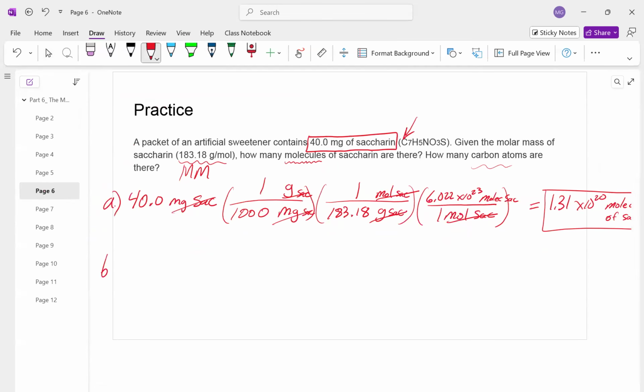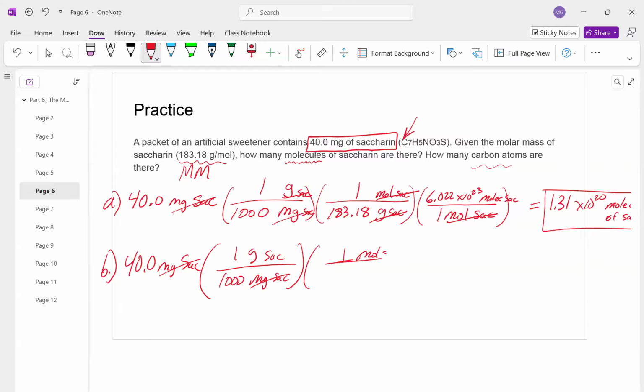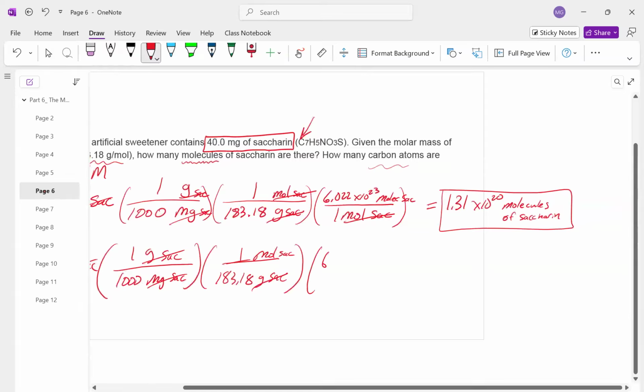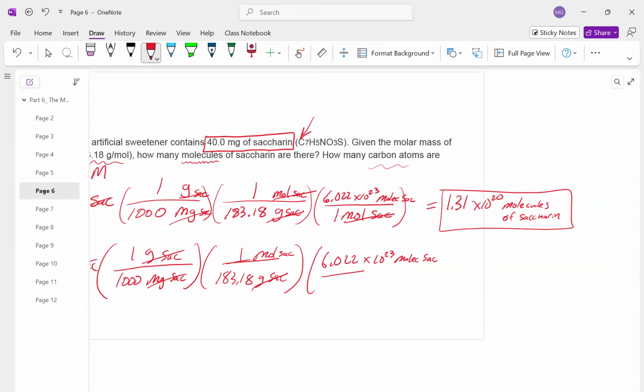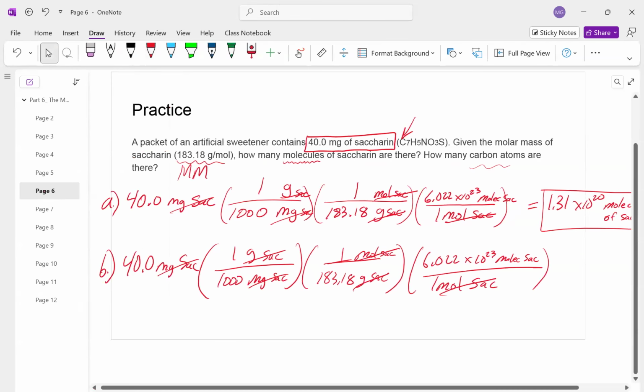So I'll just call that part A. Part B is going to start the exact same way. So just kind of copy and paste that. Okay, so again, that's just a carbon copy of what we did in part A.